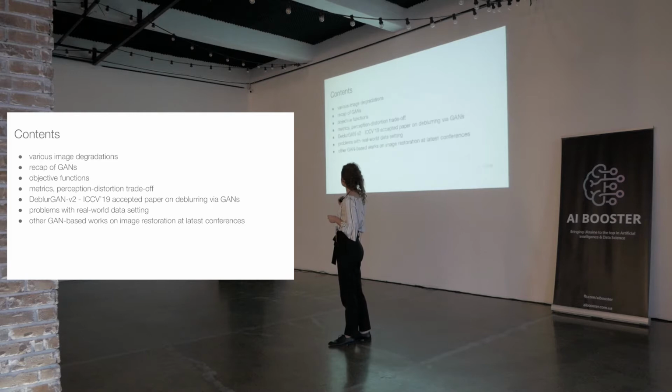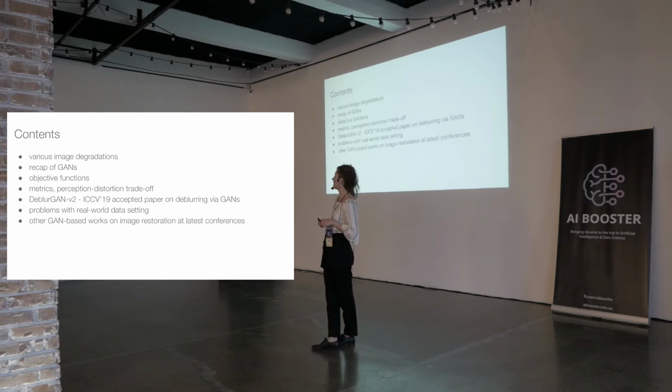So yeah, let's start. That's a short table of contents. First we will start with what the problem itself is, what the field of image restoration is. Then we'll switch to GANs, just to give you a short recap of what it is. Then we'll switch to objective functions that we use when training GANs, to metrics and what the problems with metrics are when you're training GANs and trying to evaluate them.